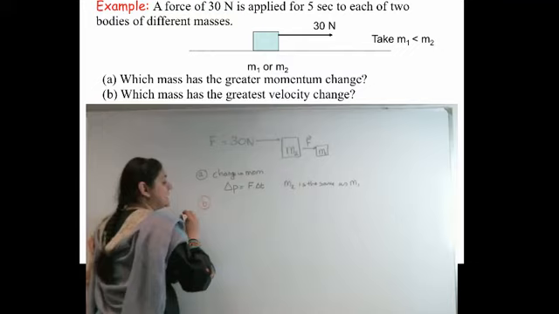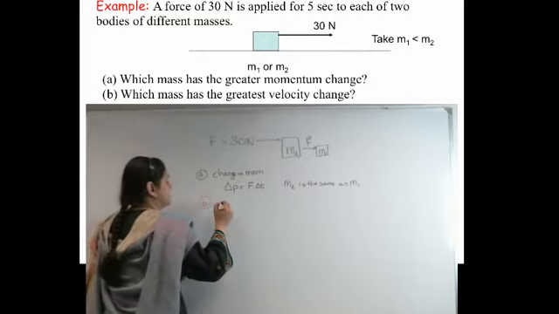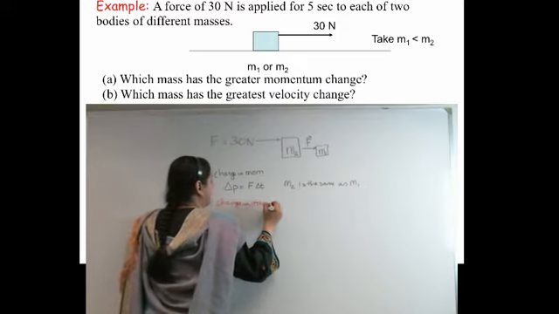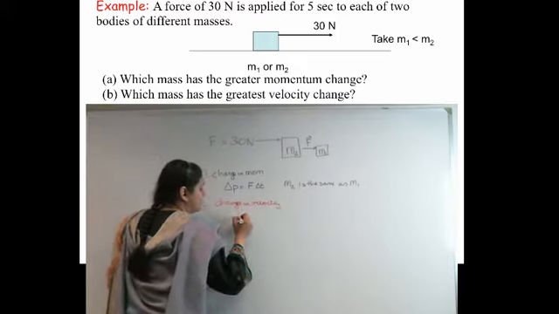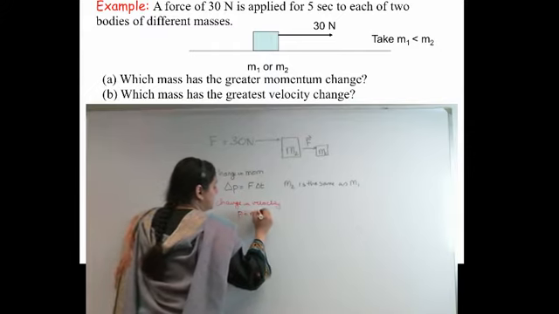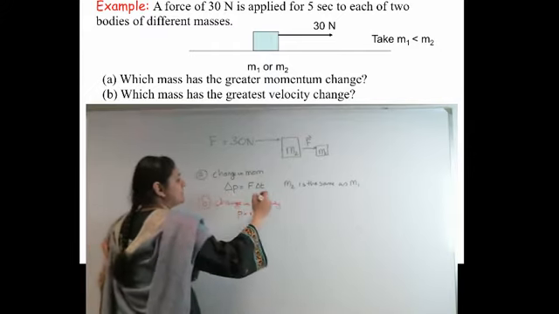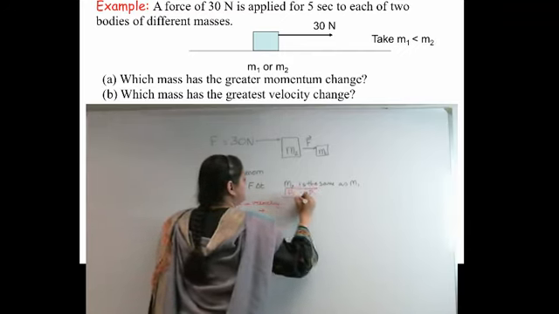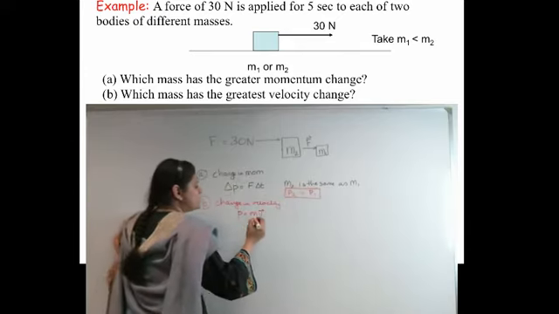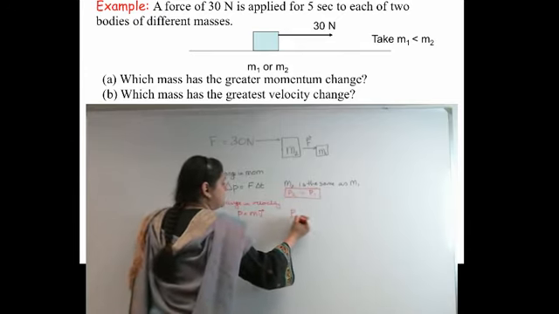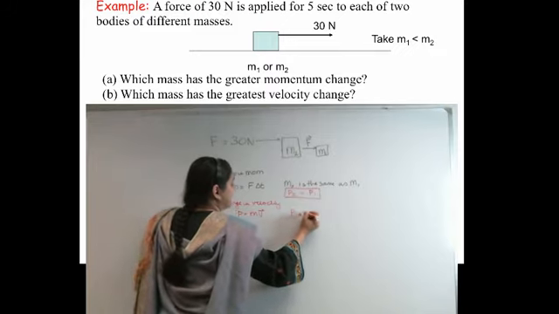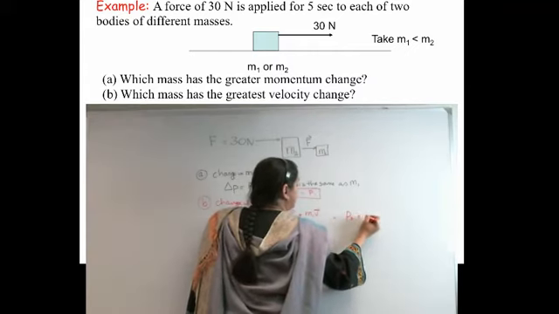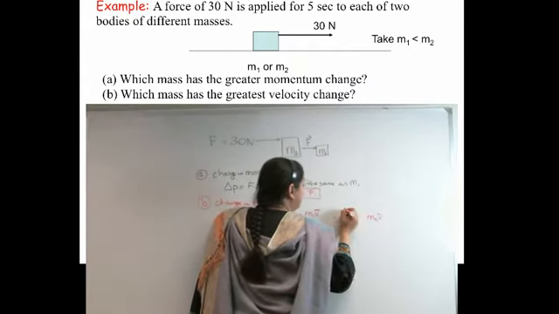Part B asks which has the greatest velocity change. So, change in velocity, right? We know p equals mv. Now since P2 is the same as P1, this means P1 acts on M1v and P2 acts on M2v.